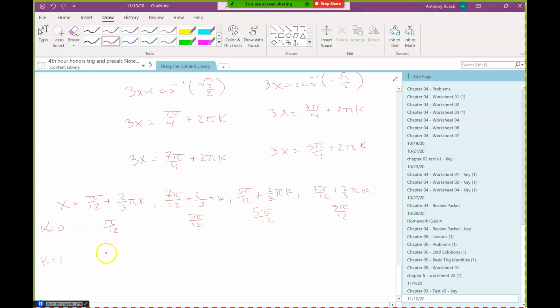So 8/12 plus 1/12 is 9/12, which we'll reduce later. Same thing here. So 7/12 plus 8/12 is 15/12. And then 5/12 plus 8/12 is 13/12. And then 3/12 plus 8/12 is 11/12.